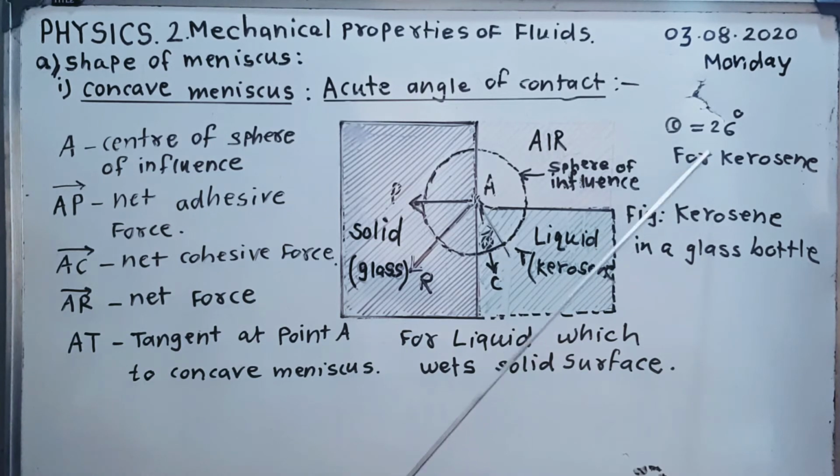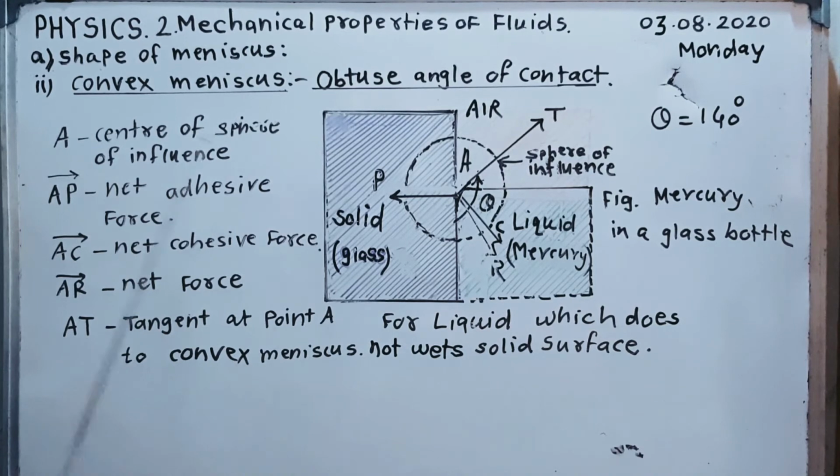Here for kerosene, it is 26 degrees. Using the molecular theory, we can explain how the meniscus is concave and what the angle of contact will be for this particular case. Here I have represented the angle theta, which is the angle of contact, that is an acute angle.